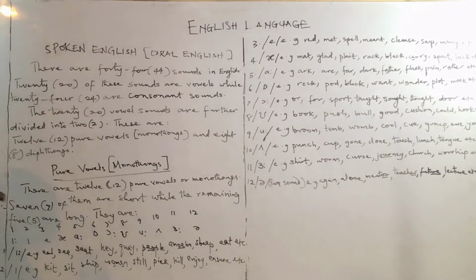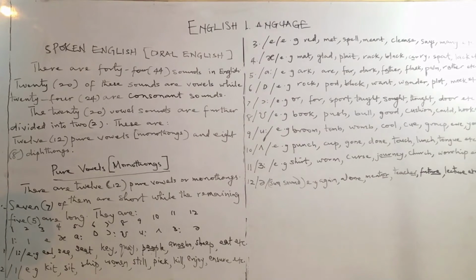I want you to take note of that, because most candidates have problems with this, because they feel that they are still looking at ABCD. These are not ABCD at all. They are sounds, and they should be taken as such.